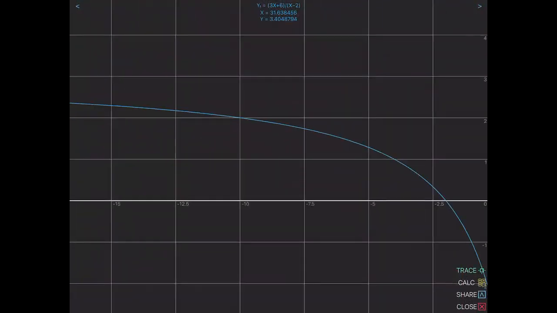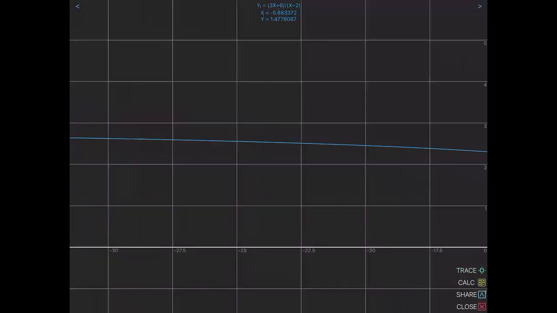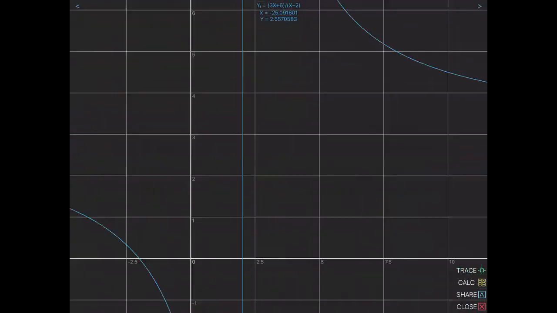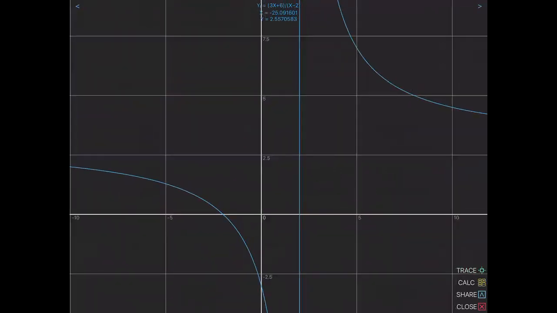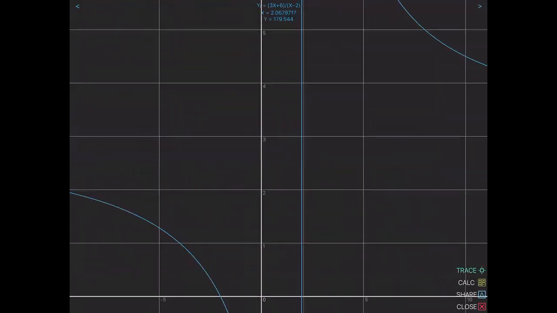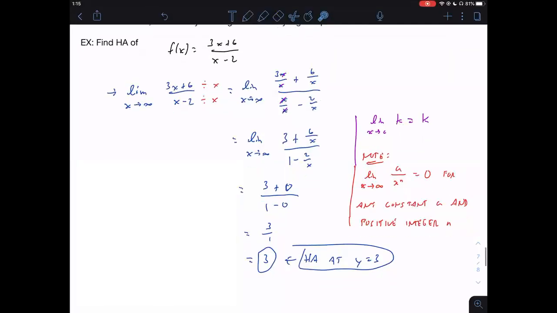And if we go to negative infinity, we see the same thing: our line gets closer and closer to 3 but never crosses it. So there we have our asymptotes, the breaks in this function, at x equals 2 along the x-axis and at y equals 3 along the y-axis. I'll do a rough sketch of that here as well.